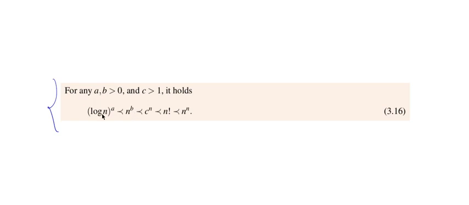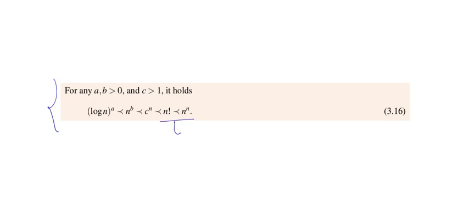So that means that the logarithm grows to infinity much slower than n to whatever, right? Well, this is negligible in comparison to any exponential function, c to the n, if c is greater than 1. This is negligible in comparison with n factorial, and n factorial is negligible in comparison to n to the n. Okay.